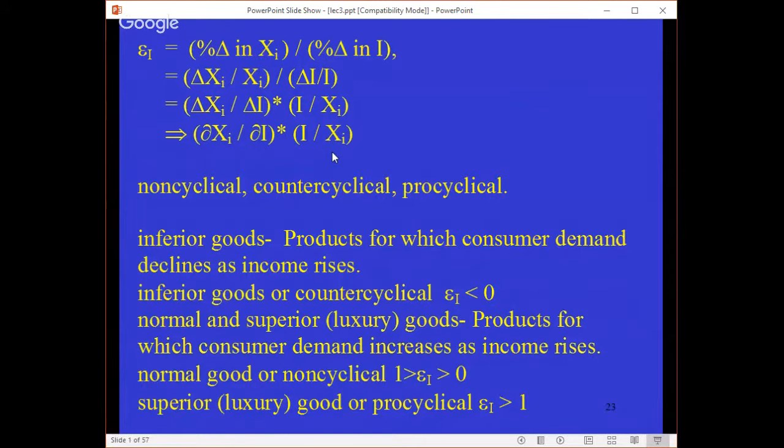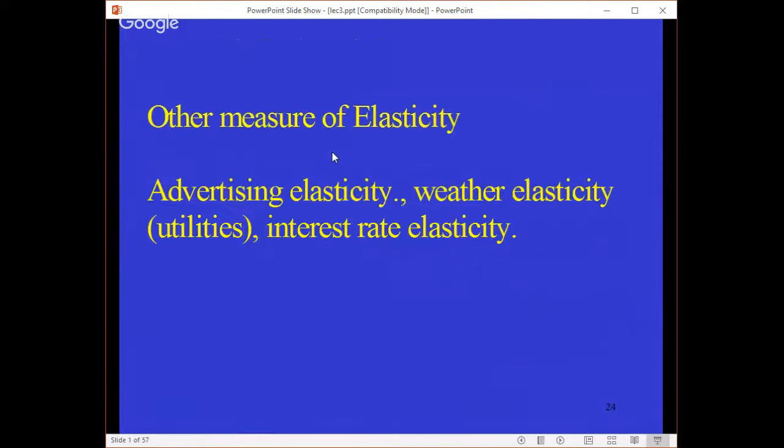Okay. Other measures of elasticity. There's probably a ton that I can't think of. But the ones that are out there that are pretty obvious, things like advertising. We have advertising elasticity. If I spend $1 more on advertising, what does that do to my quantity demanded?